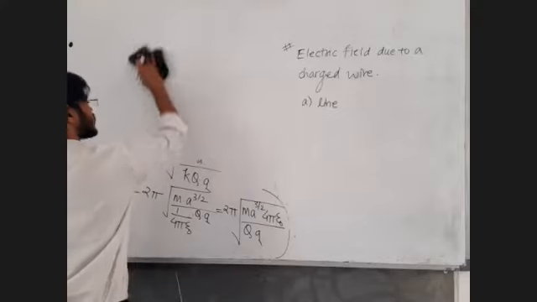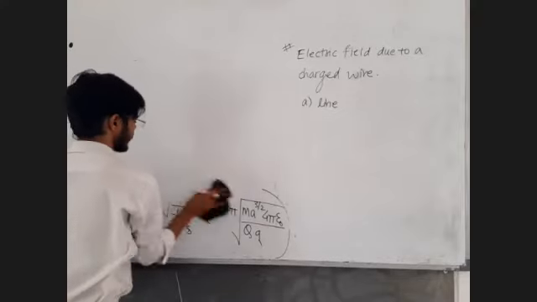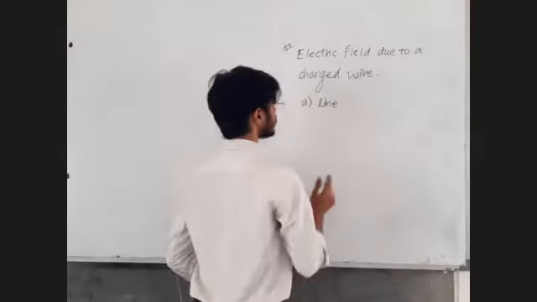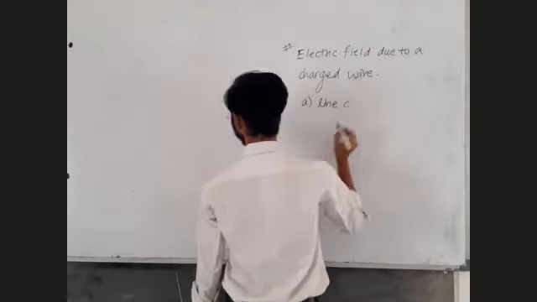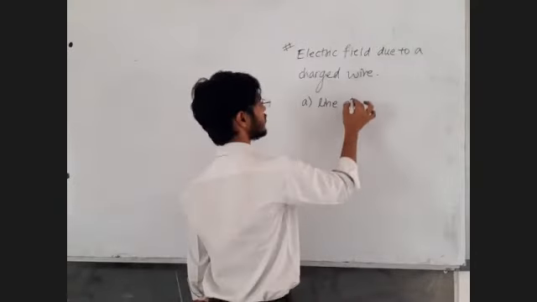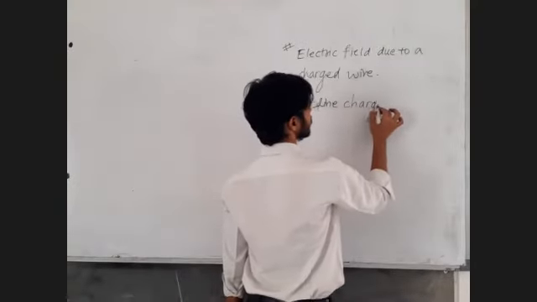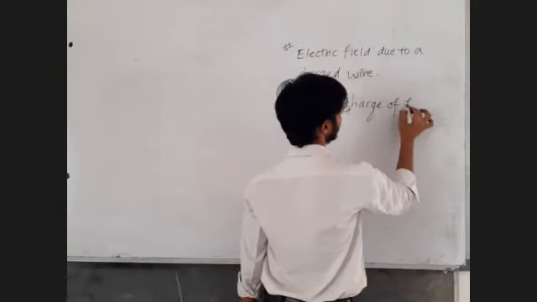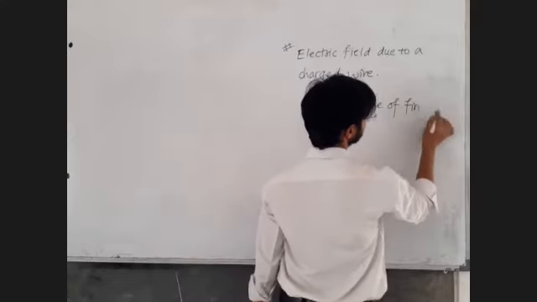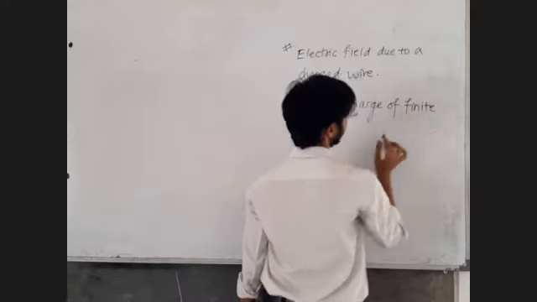And that straight line is a finite length wire. Line charge of finite length.